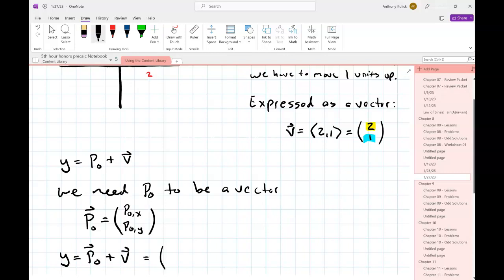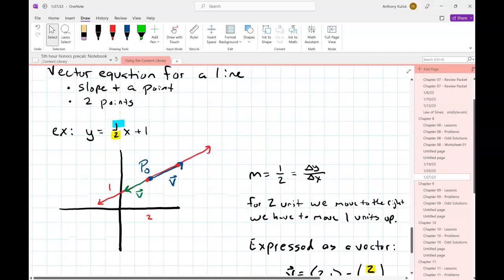But remember what's going on here. P is just a fixed value. V is just a fixed value. So we're just getting another vector 4, 3, right? Would that represent any vector that we could draw here? No, right?